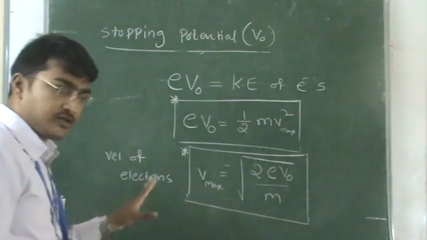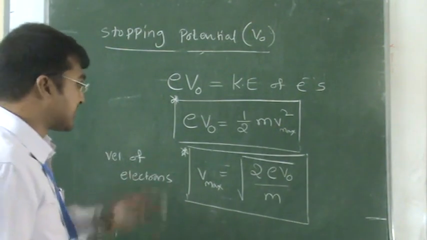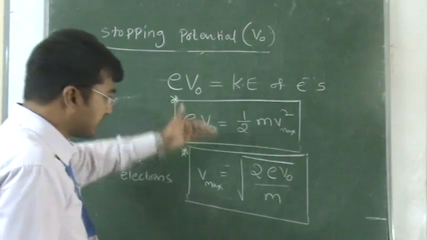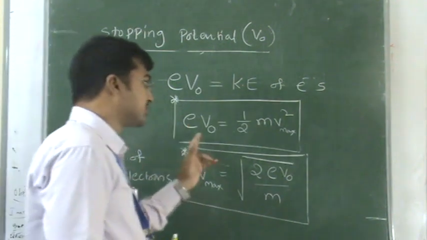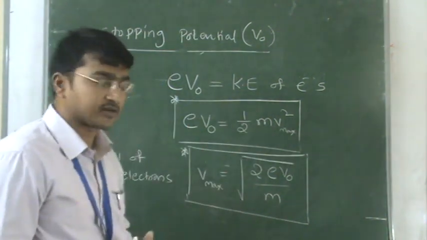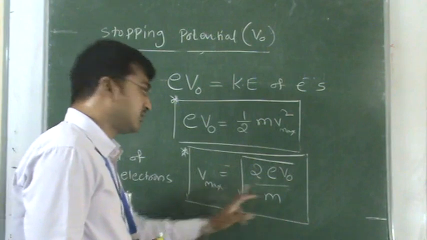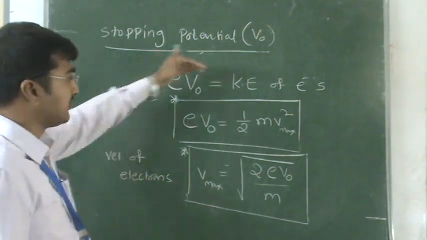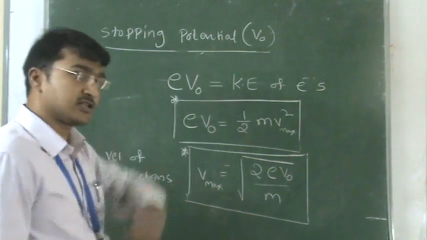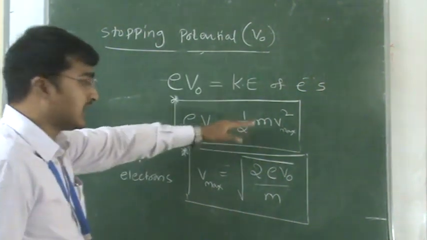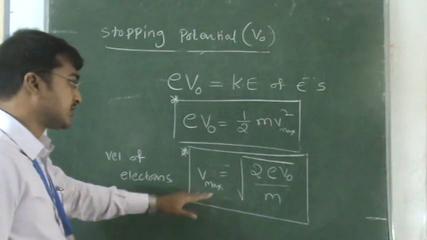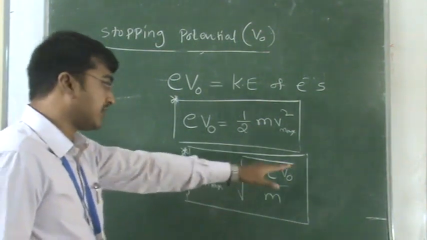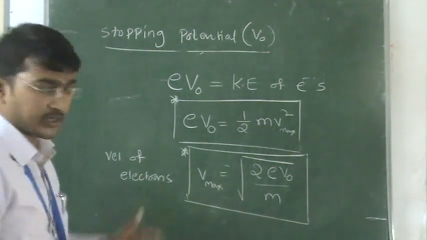Got it? So this is the stopping potential and the relation between the stopping potential and the kinetic energy of the electron, or the maximum velocity of the electron. Please make a note: eV0 equals the kinetic energy of the electron, which is half mv squared, and v equals root of 2eV0 divided by m.